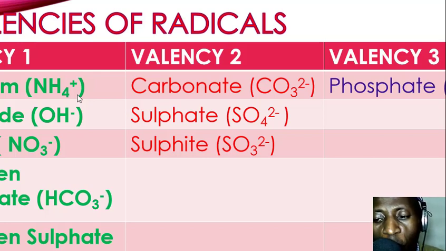Another very important point is where the radical is made up of 2 or 3 different elements. Take, for example, the hydrogen carbonate, HCO3 negative.